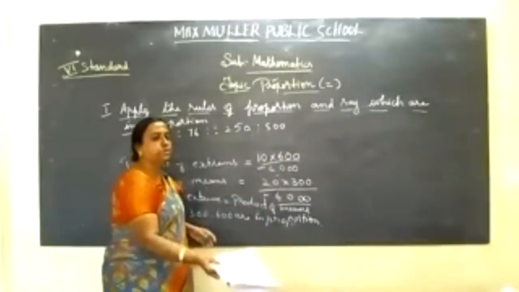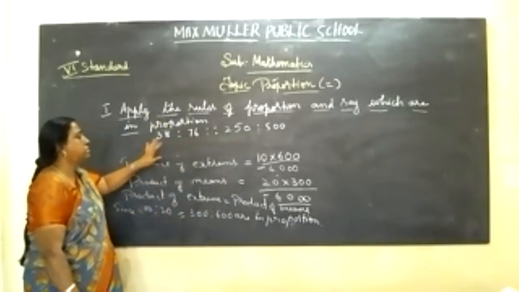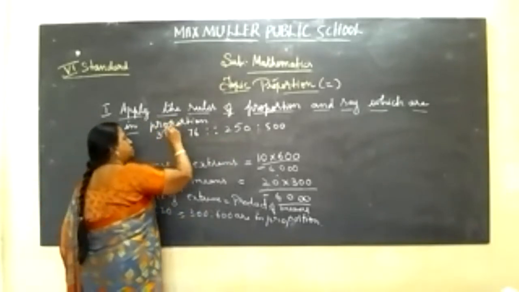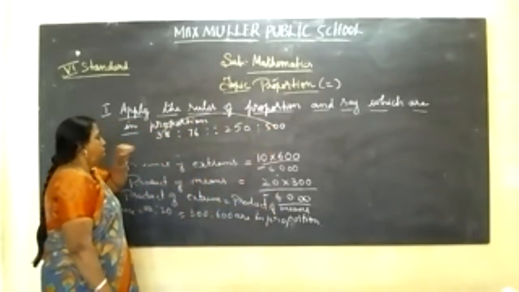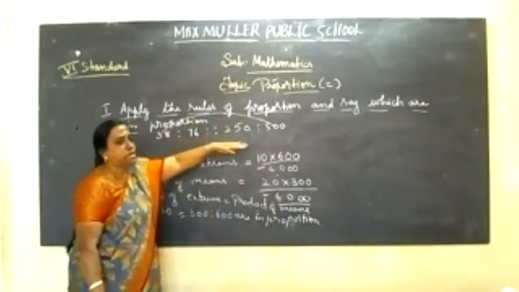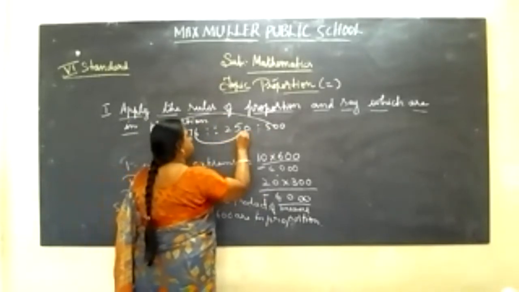So what you should do? You should find whether they are in proportion or not. Same method, first term and last term. That means you should find the product of extremes, first and last term, then the middle terms, second and third terms.